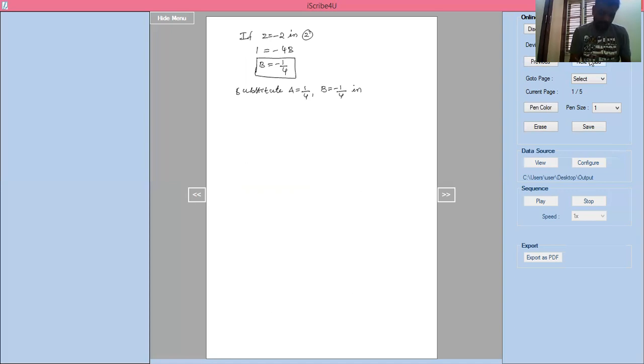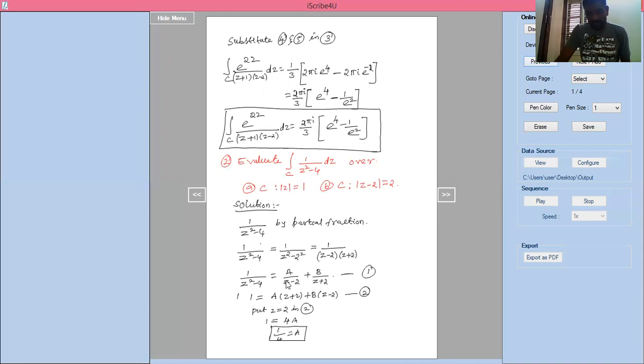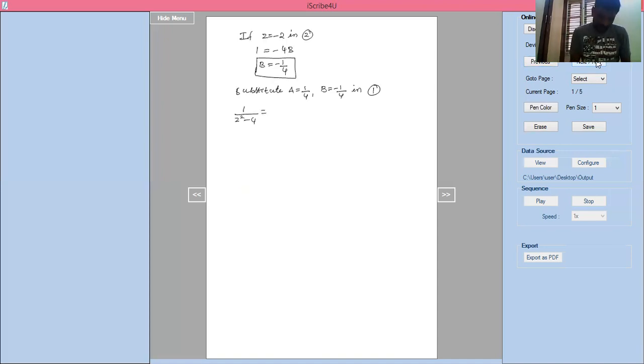So 1 divided by z square minus 4 equals 1 by 4 into 1 divided by z minus 2, plus B which is minus 1 by 4 into 1 divided by z plus 2.